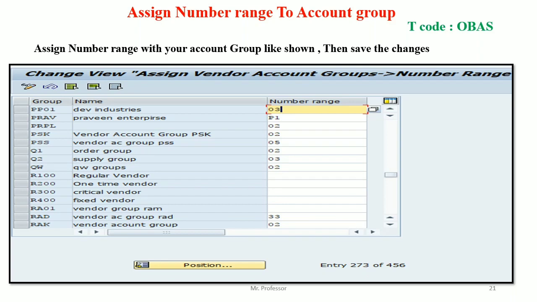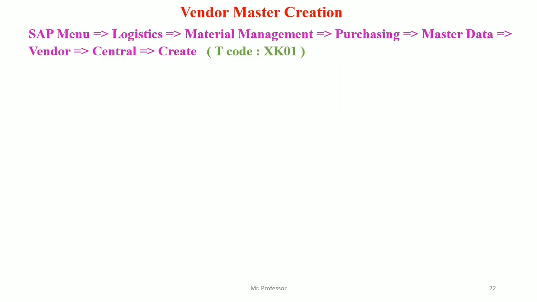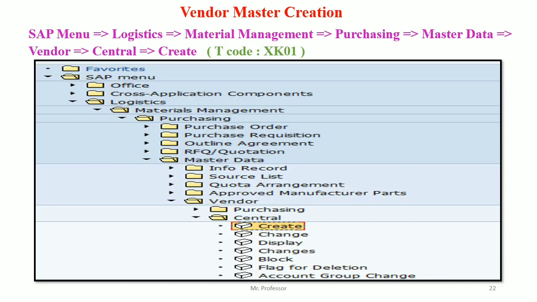Next one will be the vendor master creation. Vendor master contains a list of vendors from where a company can procure or sell goods. A vendor master can be created by following the steps given below. SAP menu, select Logistics, then select Materials Management, there select Purchasing, then select Master Data, there select Vendor, now select Central.